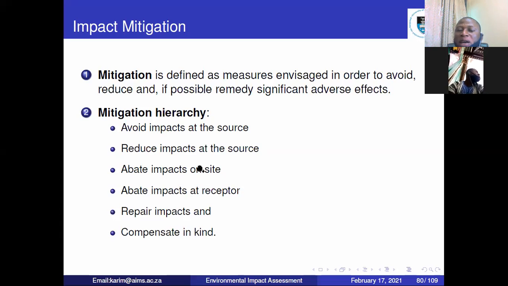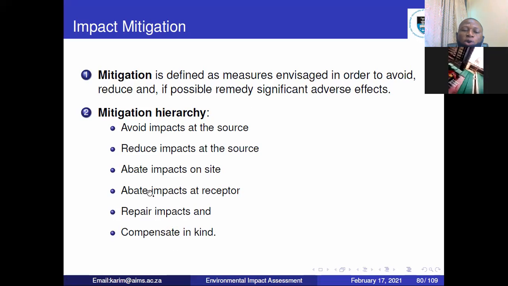So you have to adopt measures to make sure that the gas or whatever substances you are producing has no negative effect on the environment. So you can abate it at the site. That is where the impact will manifest itself. So you can reduce it at the site, not at the source, but at the site.